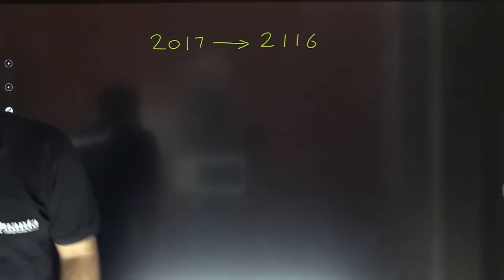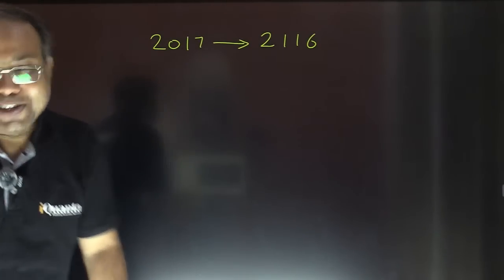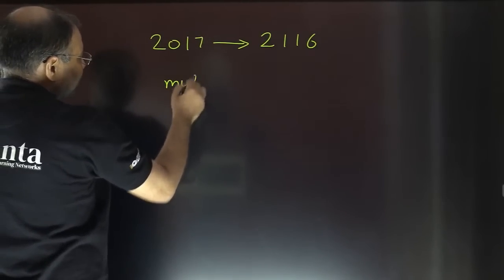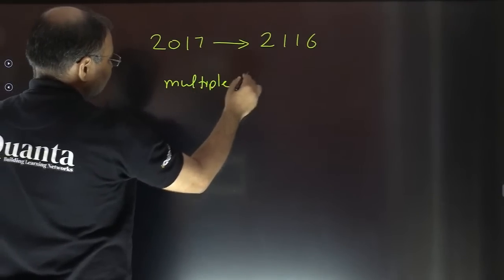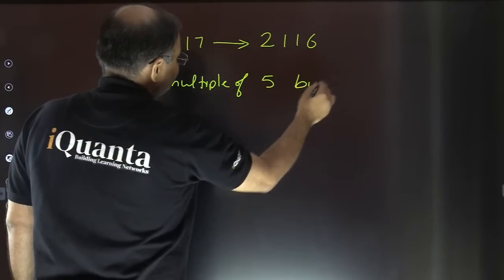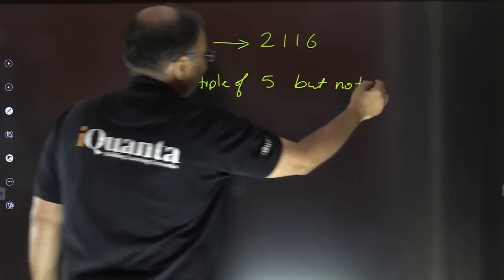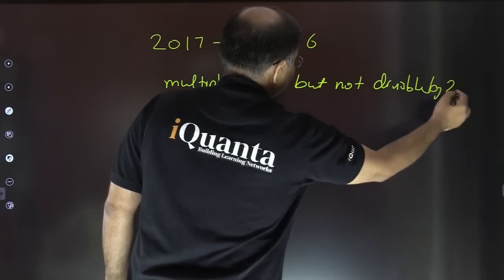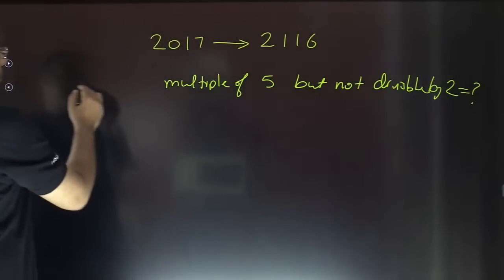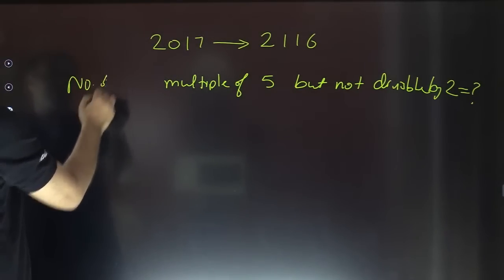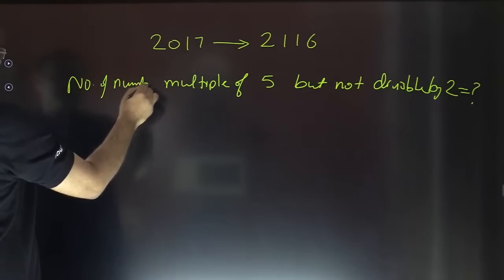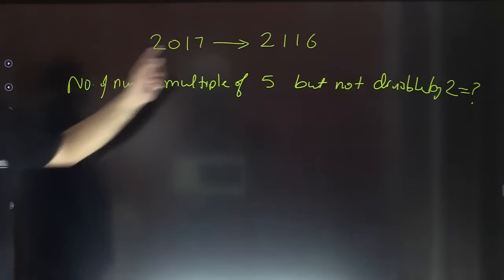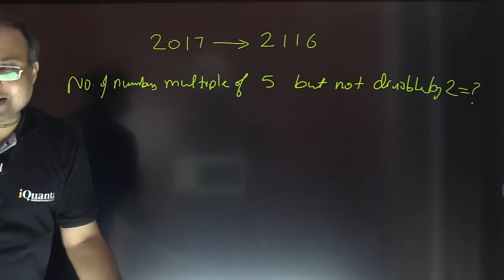Question is how many numbers are multiple of 5 but not divisible by 2. Number of numbers that are multiple of 5 but not divisible by 2. See, again there are 100 numbers. I can directly apply the same method.